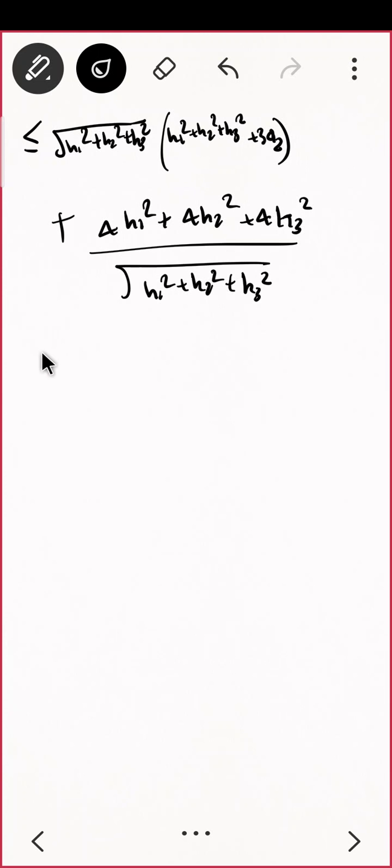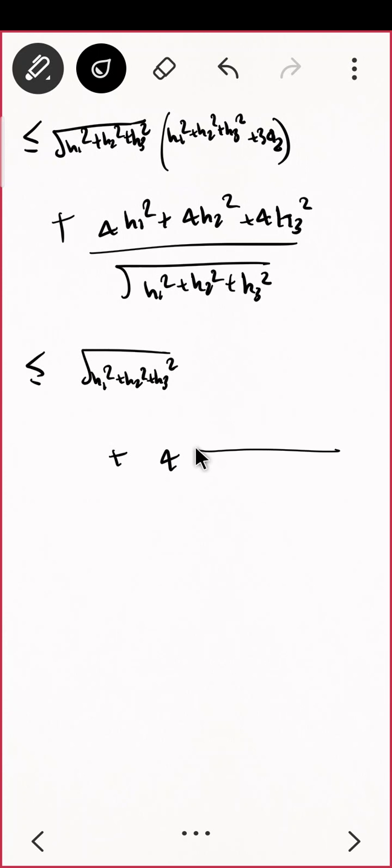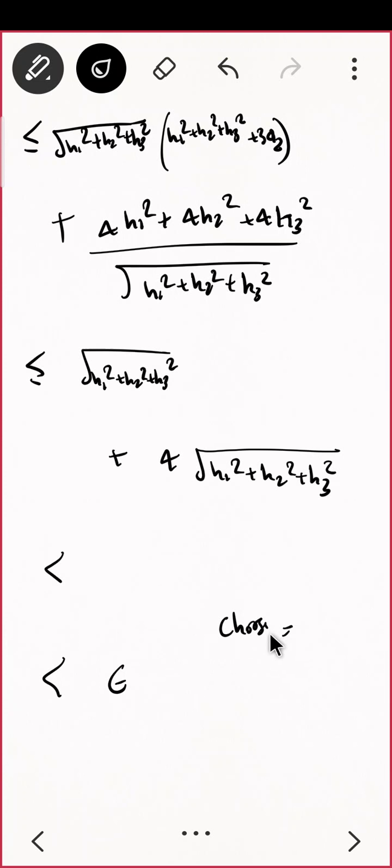So this is less than or equal to, what will come here? I have to give an estimate. So here it will be 4 times root, and this will be h1 square plus h2 square plus h3 square, and here it will be 4 times root of h1 square plus h2 square plus h3 square. Correct? I want this size to be less than epsilon, so I need to choose delta. Choose delta equal to some expression in terms of epsilon, correct?